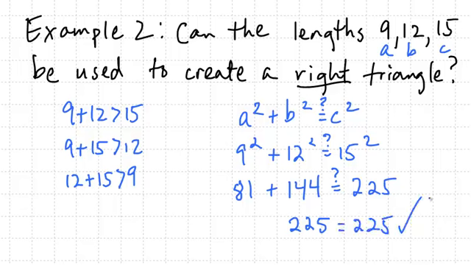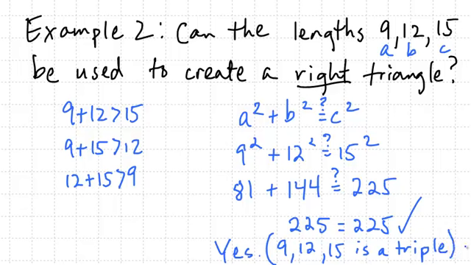So the answer to this question, can the lengths 9, 12, 15 be used to create a right triangle? Yes, and our proof, our reason, is above in our work here. In fact, what we've discovered is that 9, 12, and 15 is another Pythagorean triple.